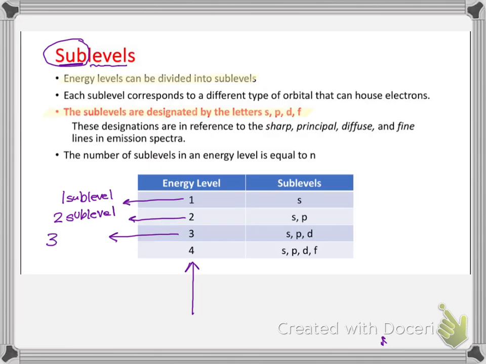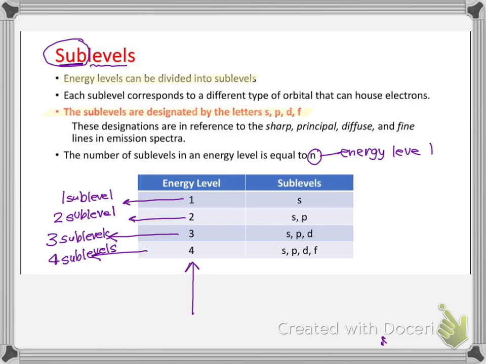That's the energy level; that's what N is. 3 would have 3 sublevels. Sorry, the writing is so messy. 4 would have 4 sublevels. Now, there's only SPDF, so even if we went to 5, we could only have 4 sublevels because there's nothing more than SPDF for us.